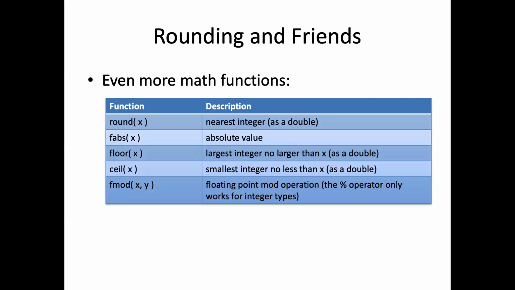And there are functions for doing rounding behavior or things that are kind of like rounding. There's a round function that works with doubles. There's an absolute value function, fabs, which is for floating point absolute value. So it still works on doubles and returns the result as a double.